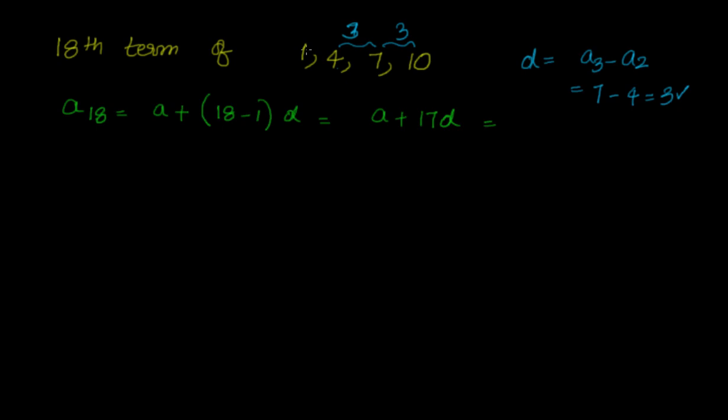Now we know a is a1, which is 1, so 1 plus 17 into d, that is 1 plus 17 into 3. 17 into 3 is 51, and 1 plus 51 is 52. So for the 18th term of the arithmetic series, a18 is a plus 17 into d, and from the series we can see that d is equal to 3.